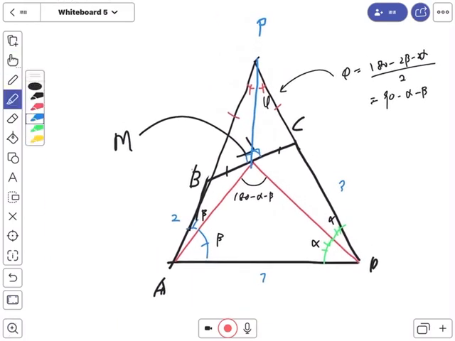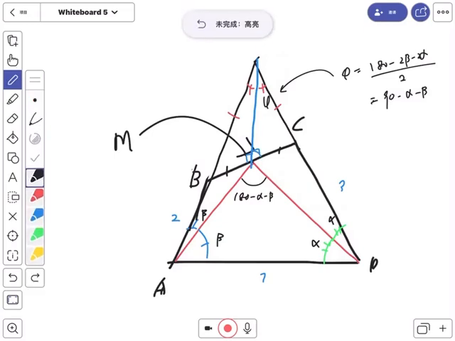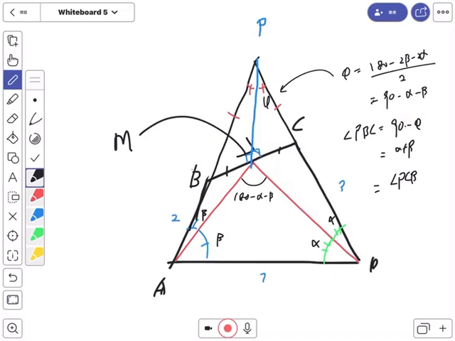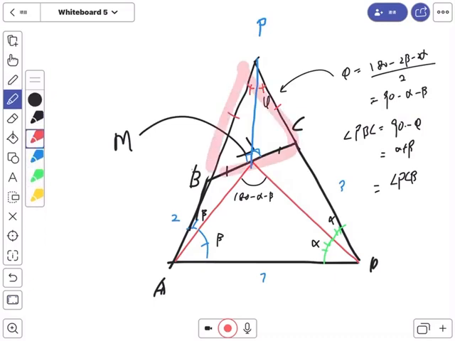Now angle PBC is equal to 90 minus varphi, which is equal to alpha plus beta. This is the same as angle PCB, since this entire triangle is isosceles.